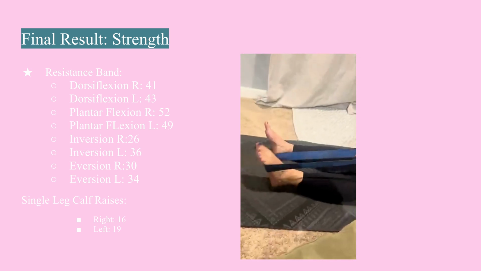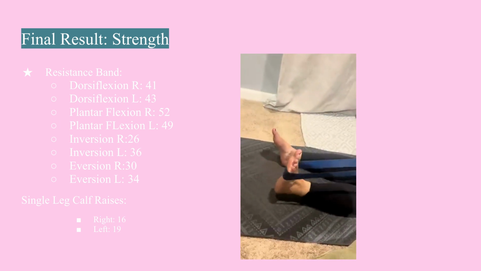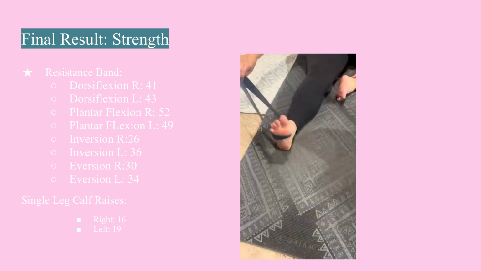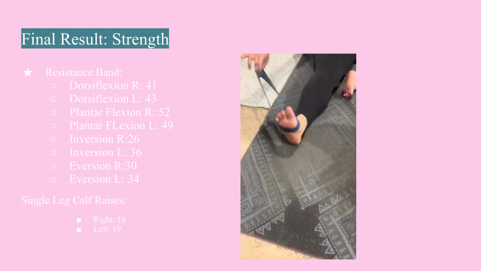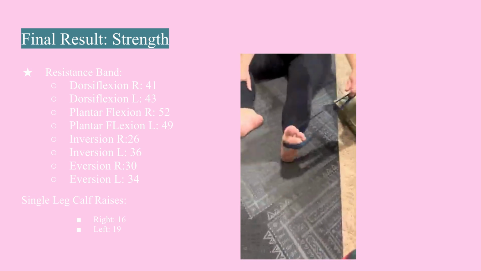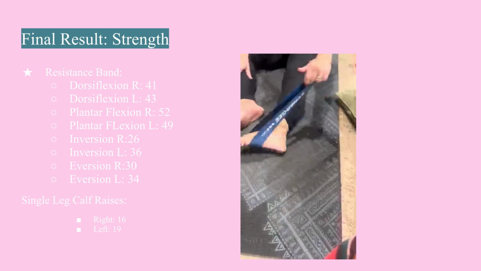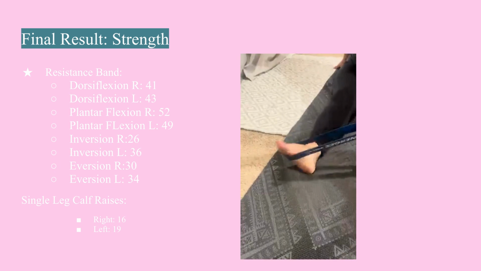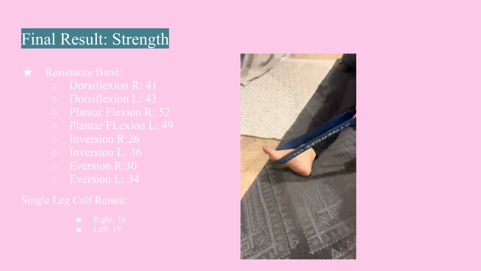For eversion on her right, she was able to get 30, and on her left, she was able to get 34. Single leg calf raises, she was able to average 16 on her right before failure and 19 on her left before failure. This was quite a big difference since before, and as you could still see, there was a drop off in between left and right, but still dramatically a lot better.